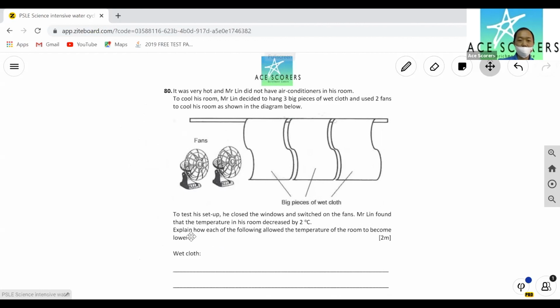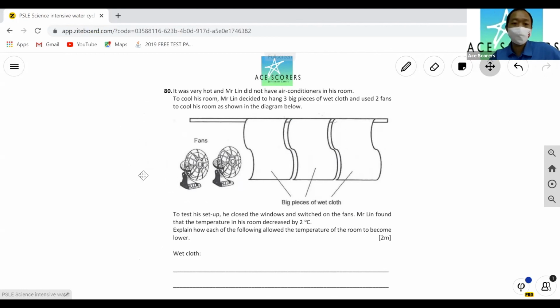Okay, so explain how each of the following allows the temperature to become lower. He put 3 big pieces of wet cloth, and then he used a fan to blow on the wet cloth. Then the whole room becomes colder. He put this setup in the room.